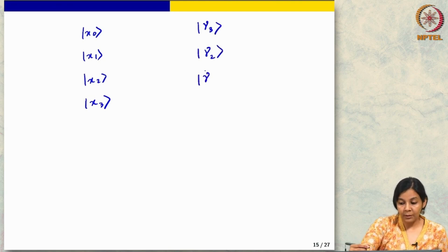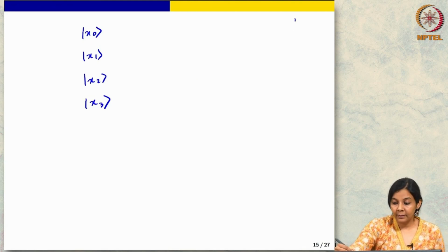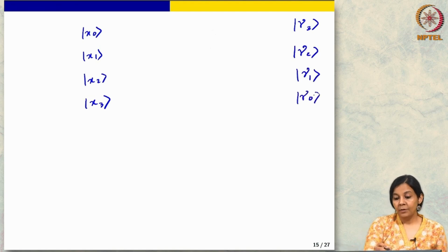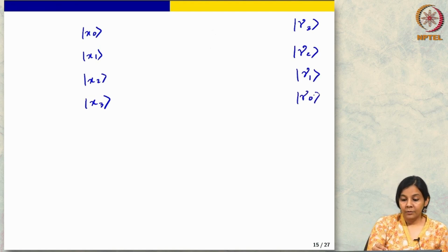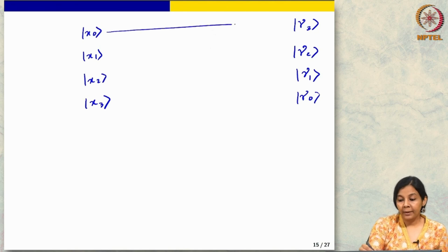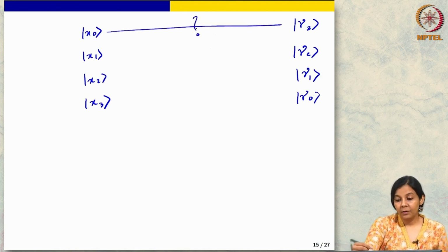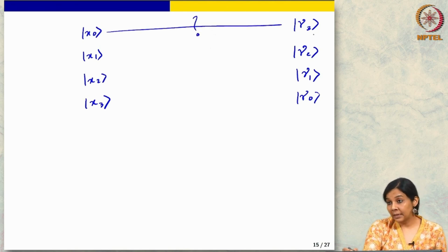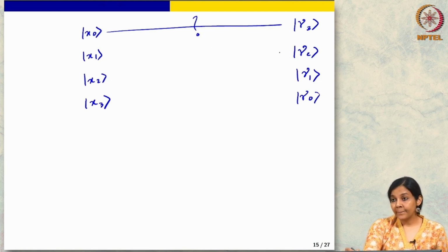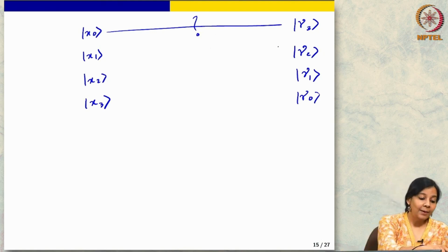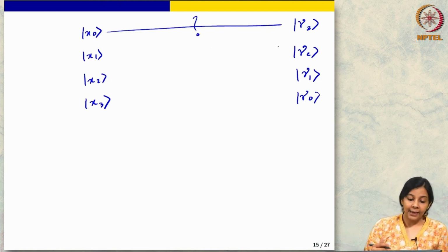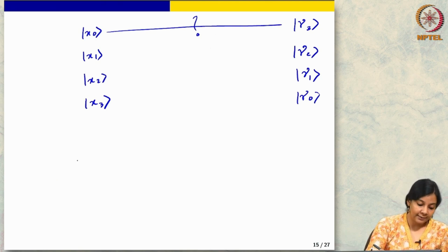Actually, I should move them here, so I have more space. So I want to map x0 somehow to gamma 3. And my claim is that I can actually simplify this.